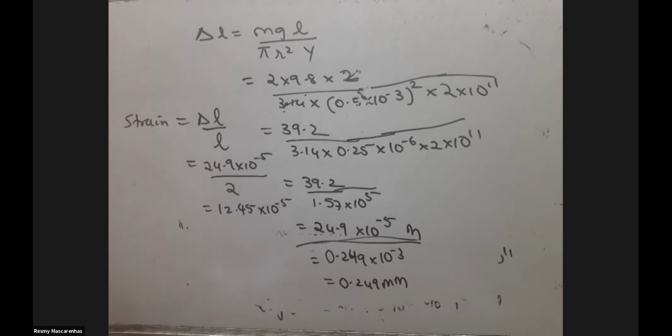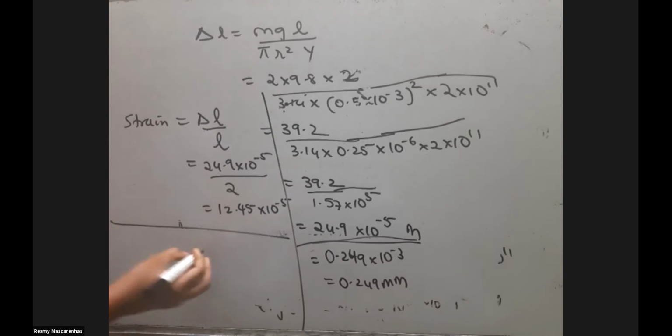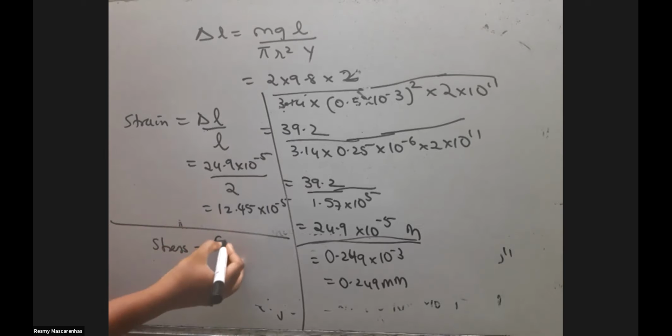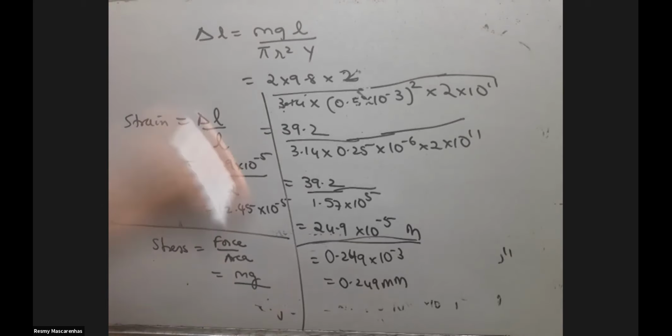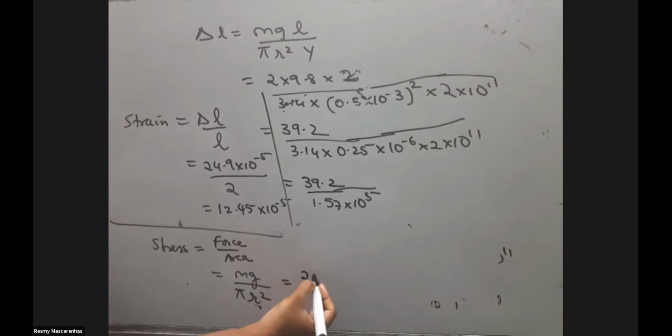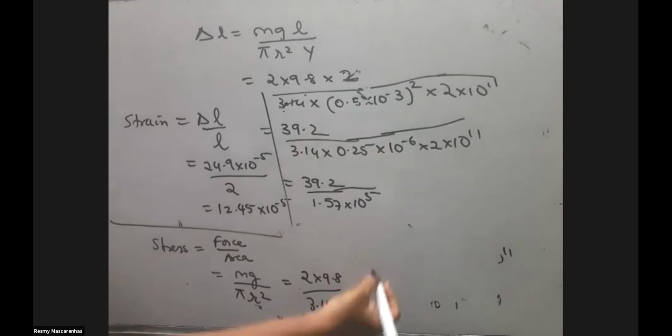And the last one, stress. Force upon area. Force is, you know that, it's mg. Mg was how much? 2 into 9.8, 3.14, 0.5.